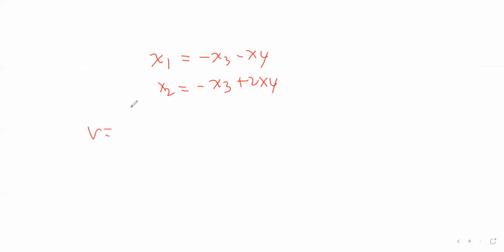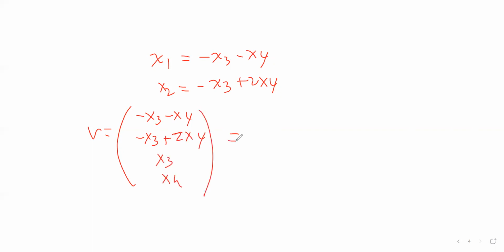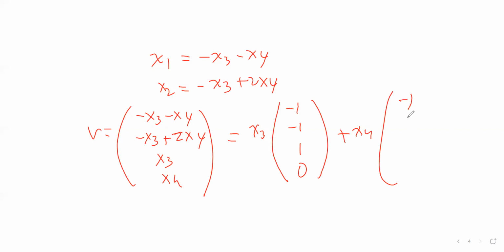So the v is going to be x1 equals negative x3 minus x4, x2 equals negative x3 plus 2x4, and this is x3, and this is x4. So now we'll write this as a combination of two vectors, which is -1, -1, 1, and 0, and the vector for x4 is -1, 2, 0, 1.